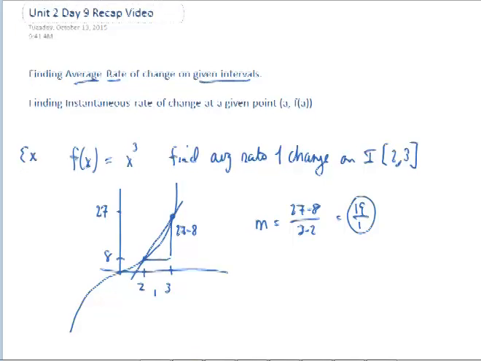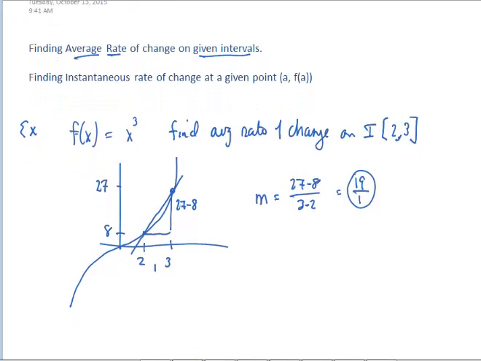So in calculus, we want to find out the instantaneous rate of change. So what we do is we convert this notation to a function-based formula, which is pretty simple. The definition that we used today in class was f of a plus h minus f of a all over h.